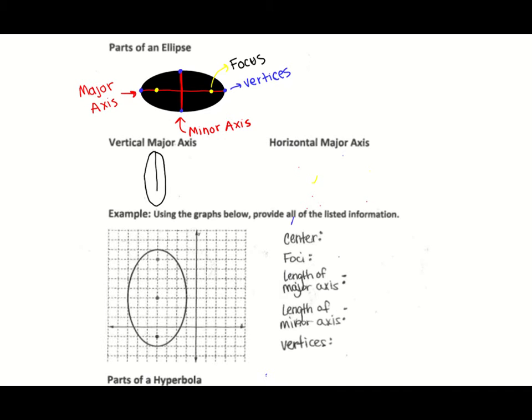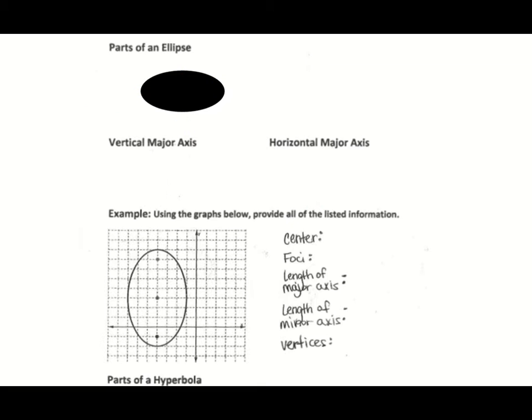That major axis is straight up and down. Or we could have a horizontal major axis. So this looks like the example up top, where that major axis is horizontal. Okay, so let's look at an example finding our parts of an ellipse.